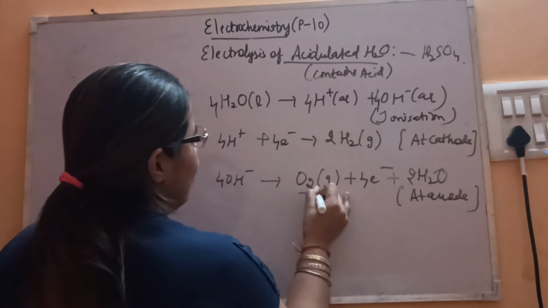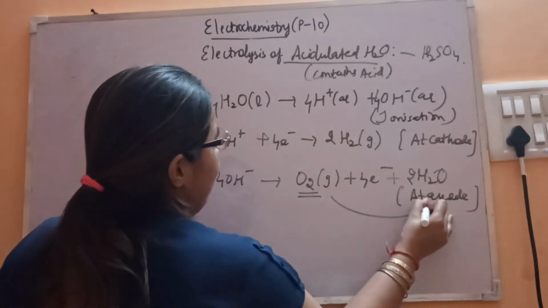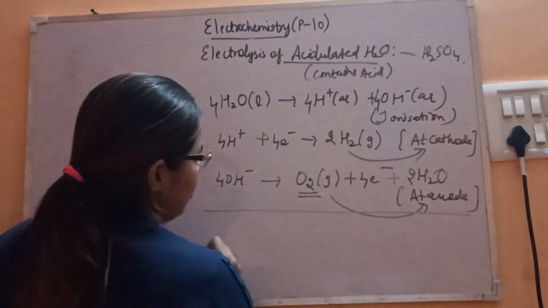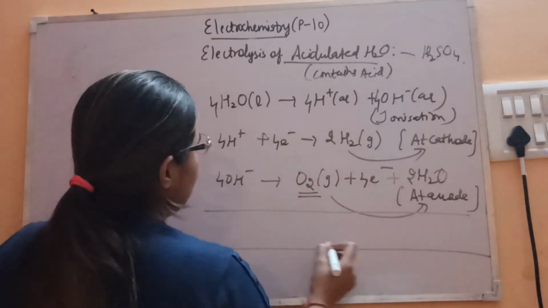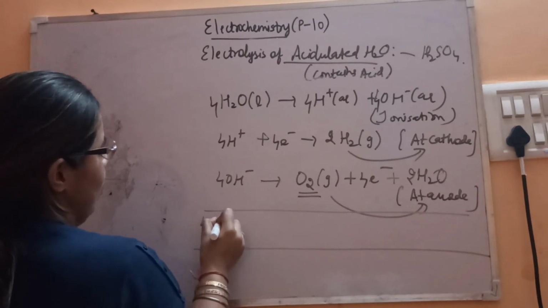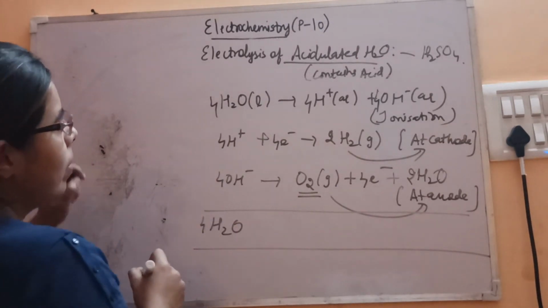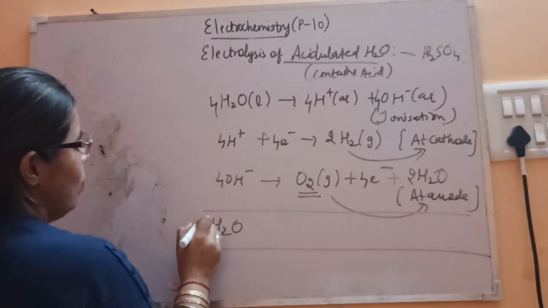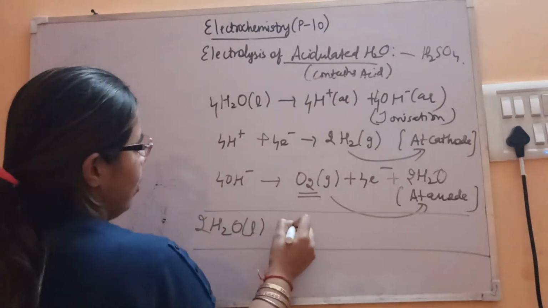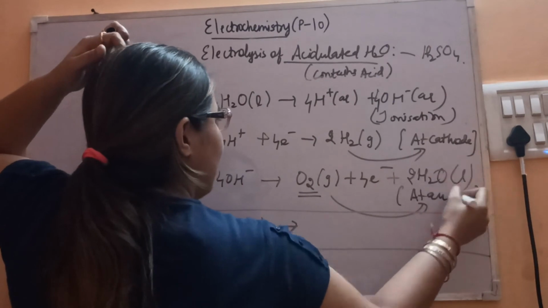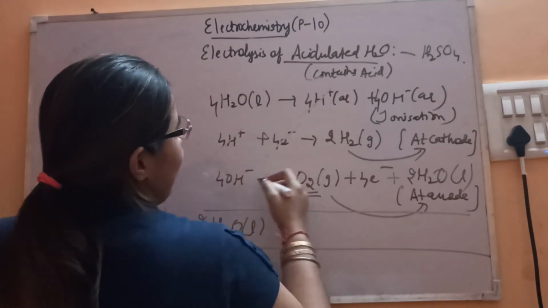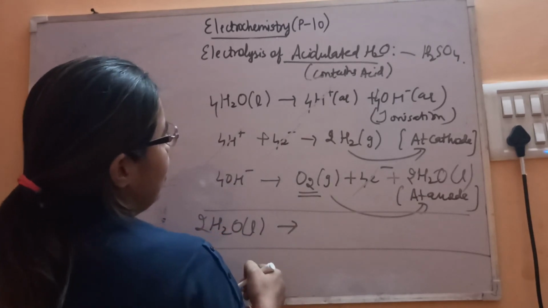This is the reaction. So O2 is getting evolved at anode. This is getting evolved at cathode. What is the overall reaction? 4H2O. Sorry, this will get subtracted from here. 2H2O gives you what? This will get cancelled out. 4 electrons will get cancelled out.